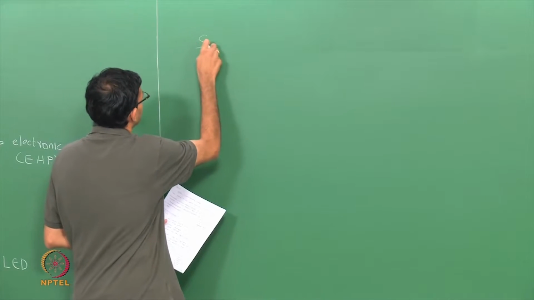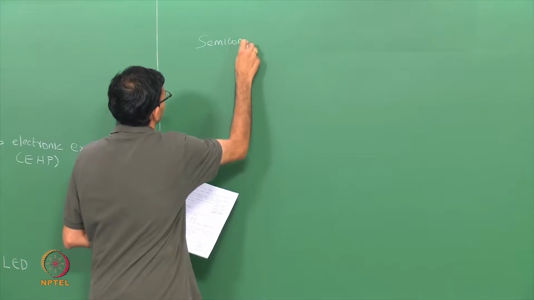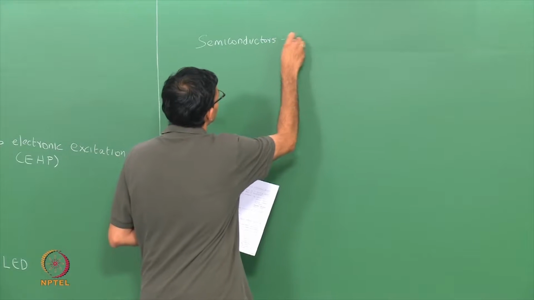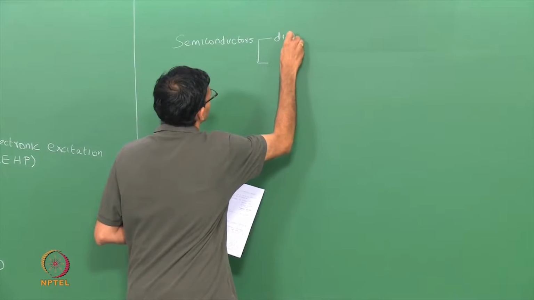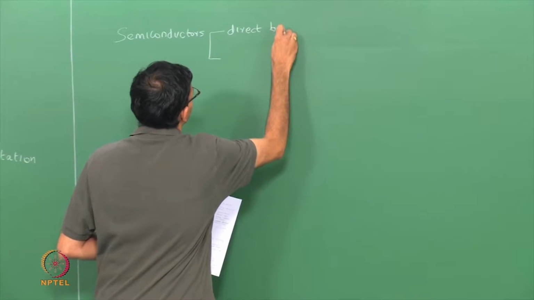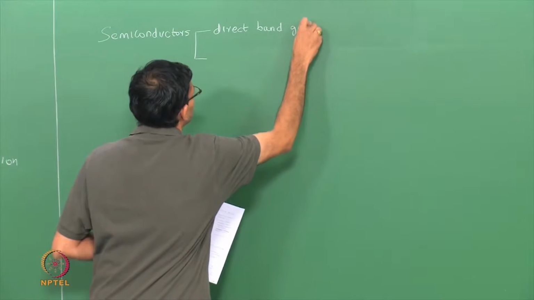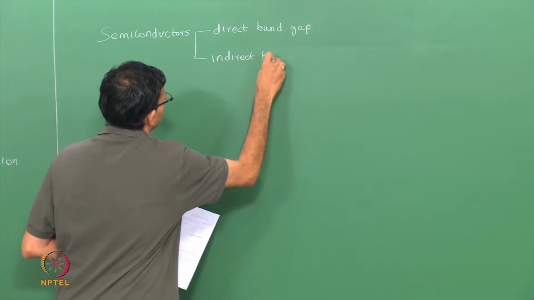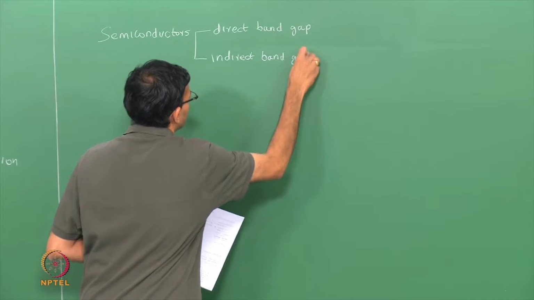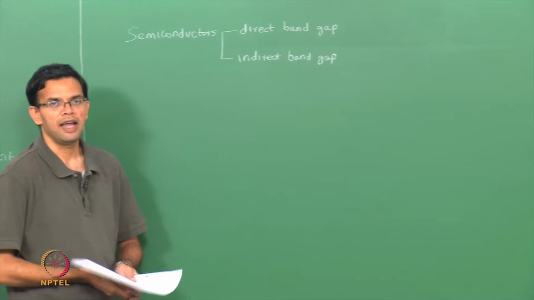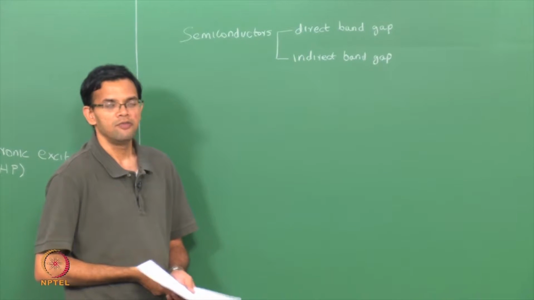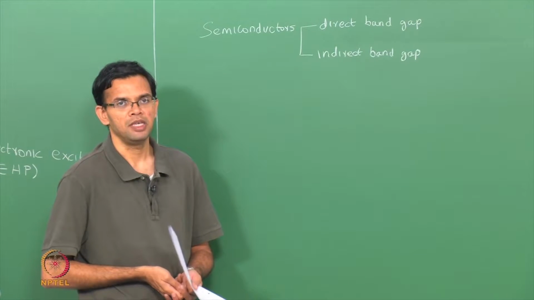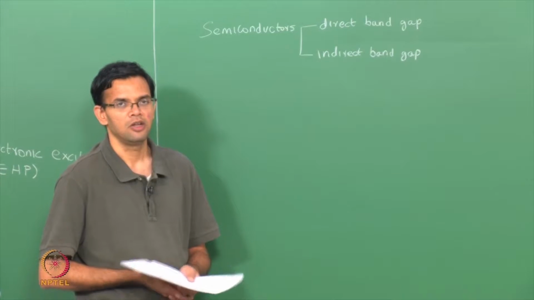So, we have seen earlier that semiconductors are essentially two types. You have your direct band gap and you have your indirect band gap. A direct band gap semiconductor is one in which the electron hole recombination proceeds with the dominant mechanism being the release of electromagnetic radiation or photons.